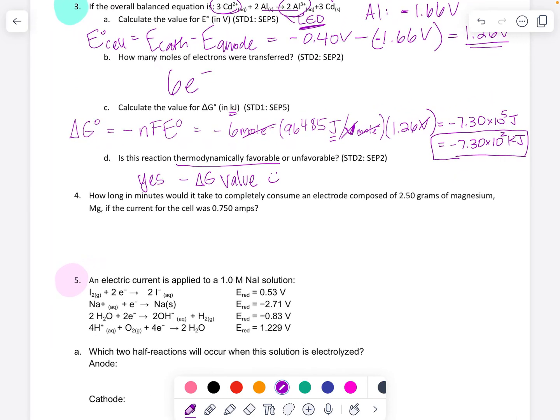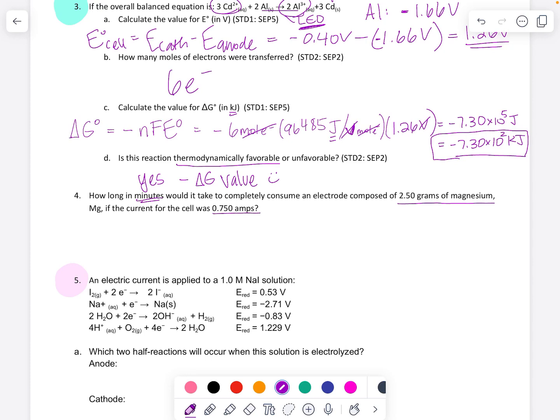All right, the last part of this question is about electroplating. So if I use this setup to do that electroplating, how long in minutes would it take to completely consume an electrode composed of 2.50 grams of magnesium if the current is 0.750 amps?